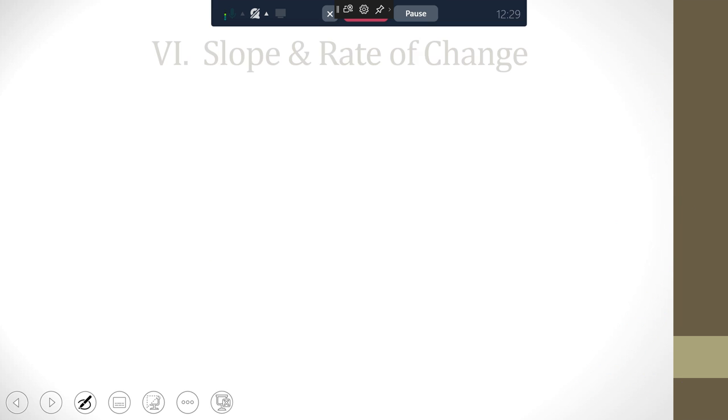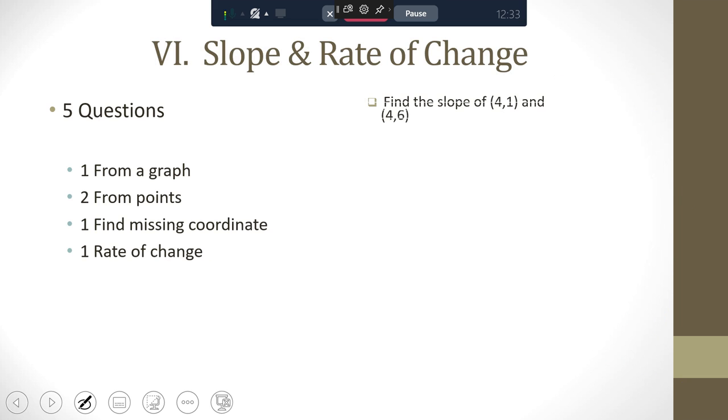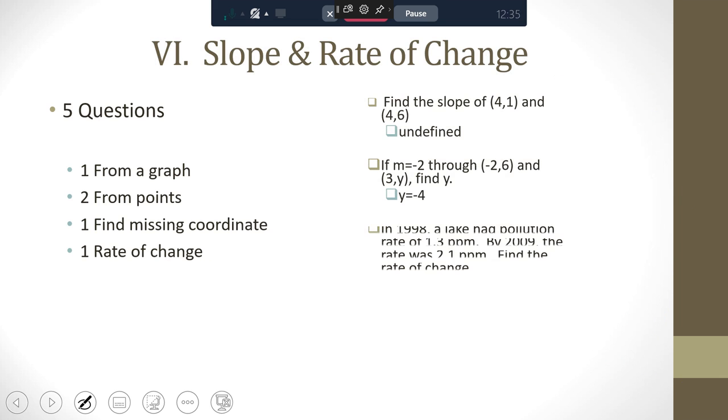Okay. And then we're going to have 5 questions on slope and rate of change. So just a quick reminder that our two formulas for slope: m equals rise over run, and that is for graphing.